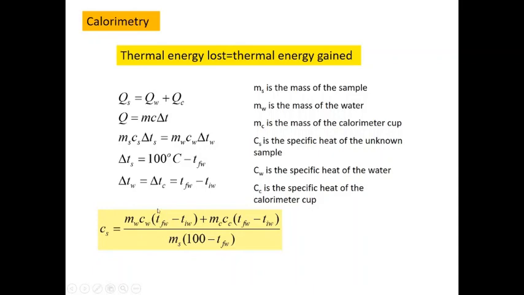So by measuring the initial temperature and final temperature of the water, and the mass of water, mass of the calorimeter, and mass of the substance, we can, by using this formula, find the specific heat of the unknown sample.